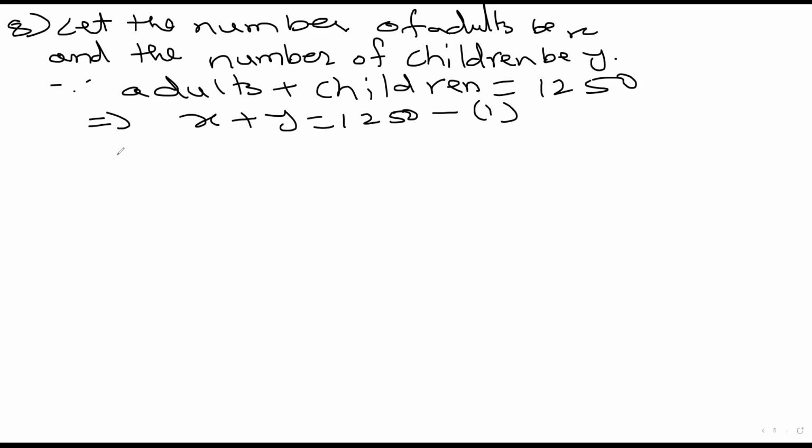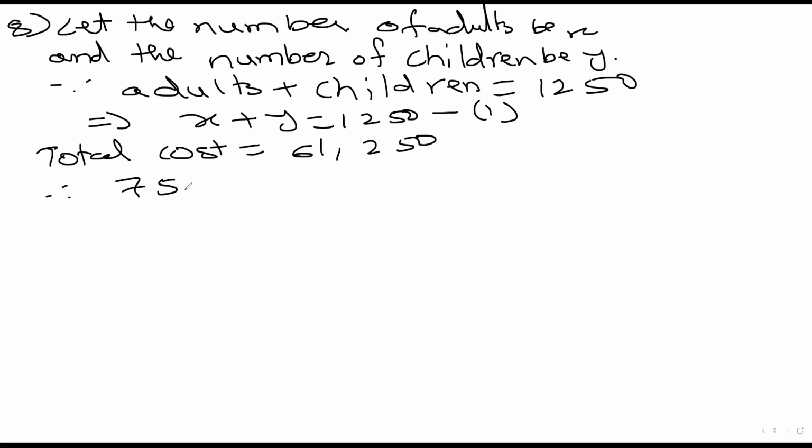Now what about the next one? Here, total cost. Total cost is how much? 61,250. So what is the rate for each adult? 75 rupees.